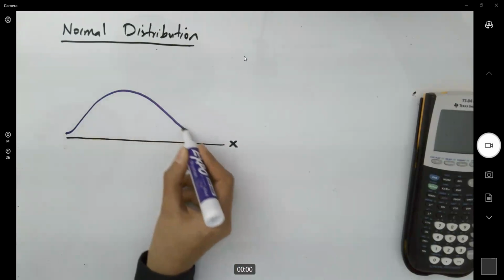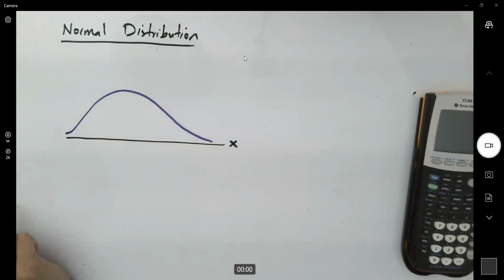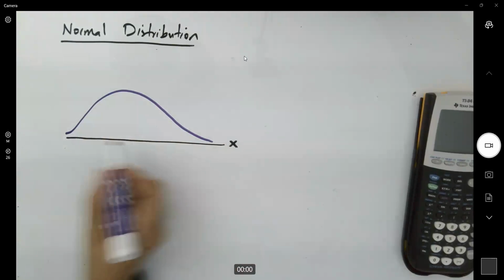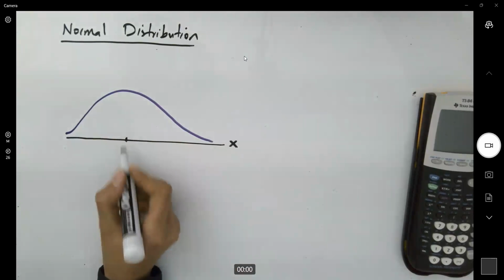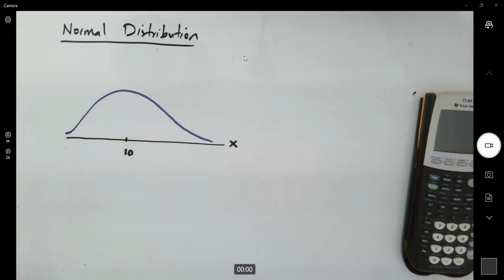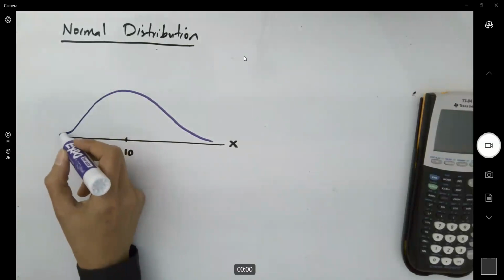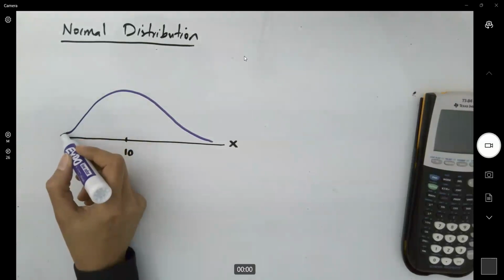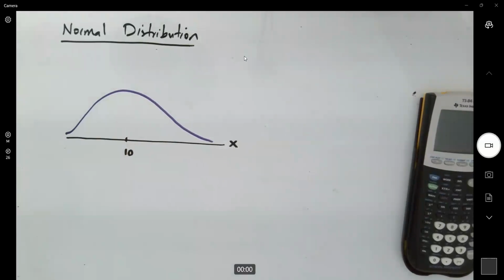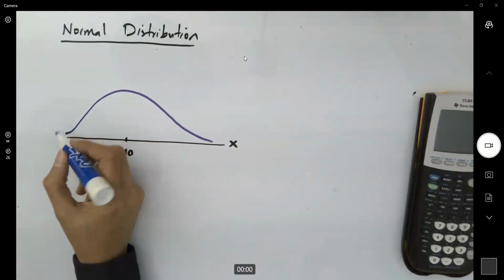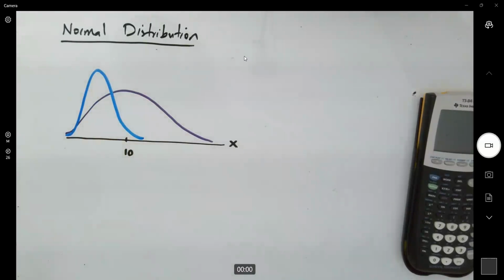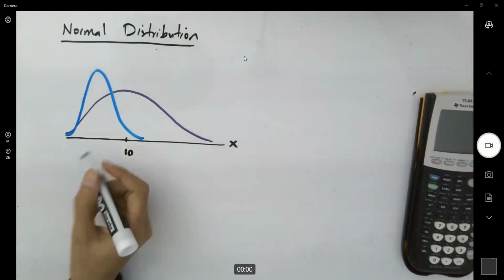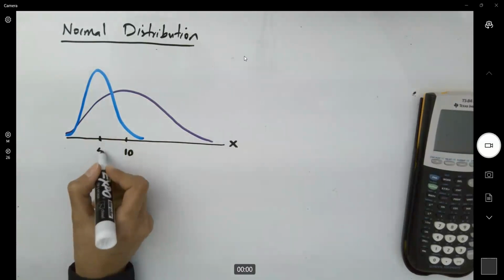Then the mean is given to you as, for example, some value. And you have another bell-shaped graph here. Let me use a different color so you can differentiate between them. And the mean of this one is just 5.